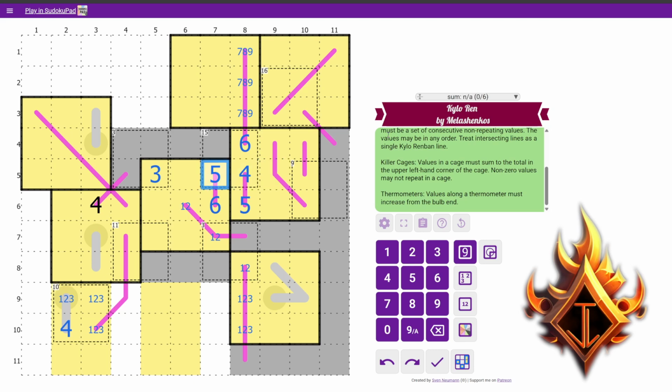Okay. So there's going to be a 4 in one of these. Ah, and it won't be on the top. So that is a 4. There'll be a 4 down here. It's going to be a 5 over here.